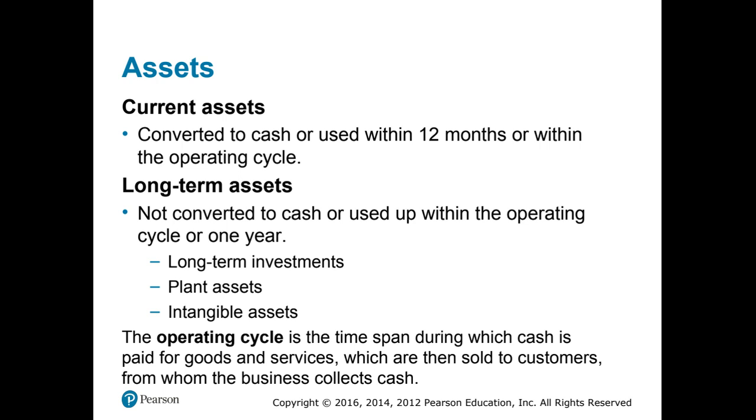Some examples of long-term assets would be long-term investments, plant assets, and intangible assets. The operating cycle is the time span during which cash is paid for goods and services, which are then sold to customers from whom the business collects cash.